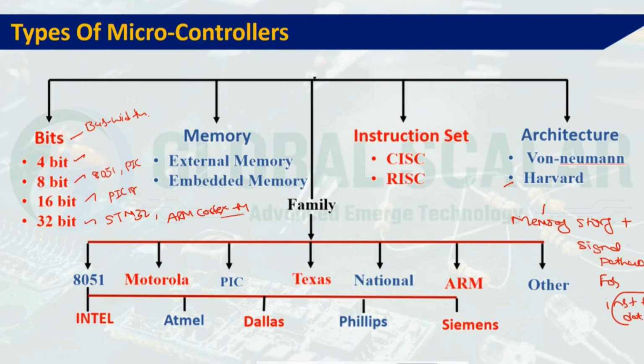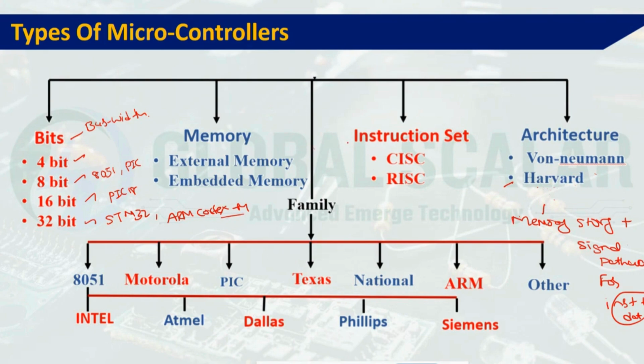In Von Neumann architecture, both the memory storage for program instructions and data is in the same memory, and it is simple compared to Harvard architecture, because in Harvard architecture it is maintained separately, but Von Neumann accesses the same memory for the instructions and the data. Harvard will be complicated, and Von Neumann is very simple.